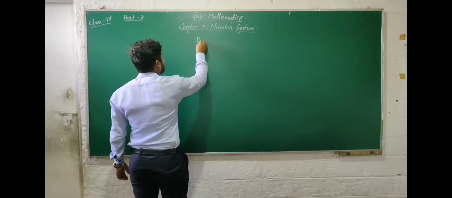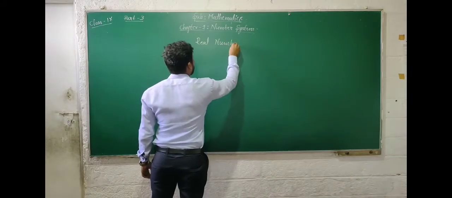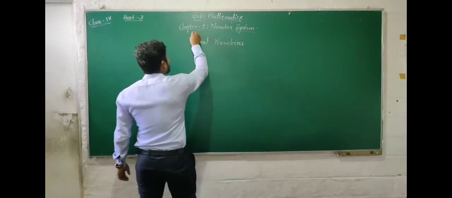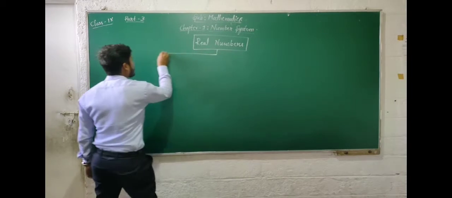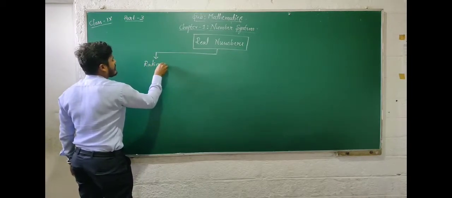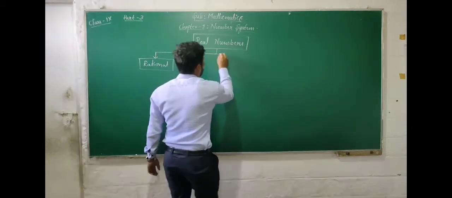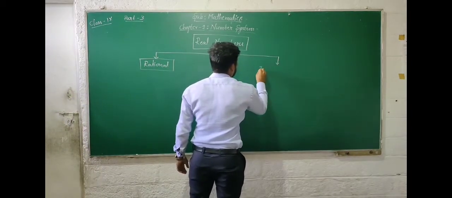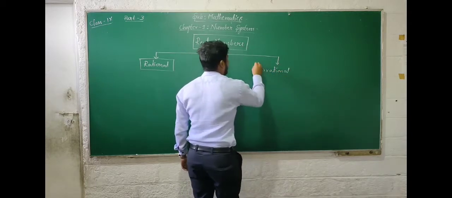The first one, that is real numbers. So it includes both rational and irrational numbers.